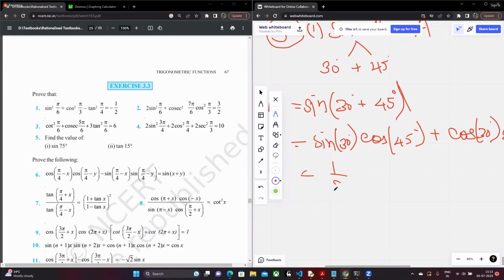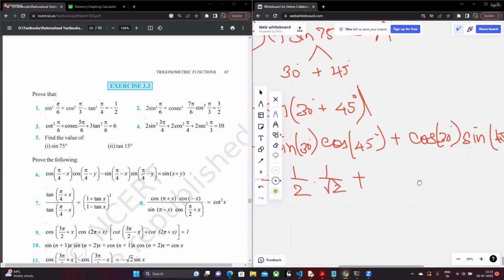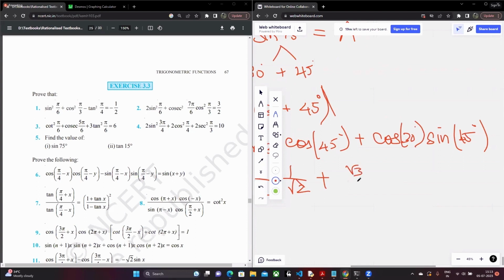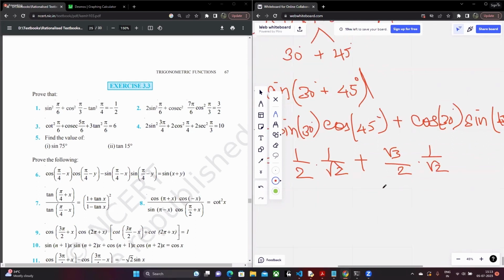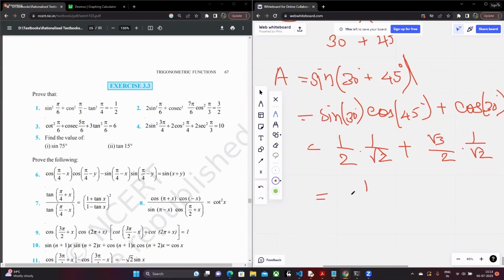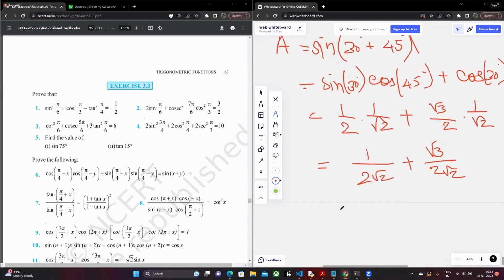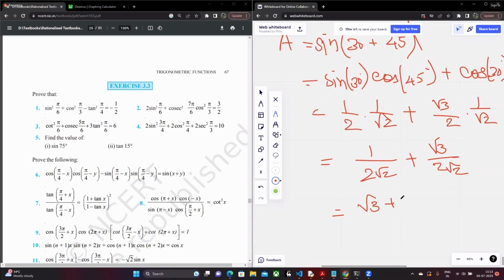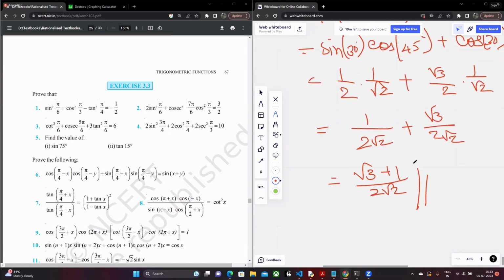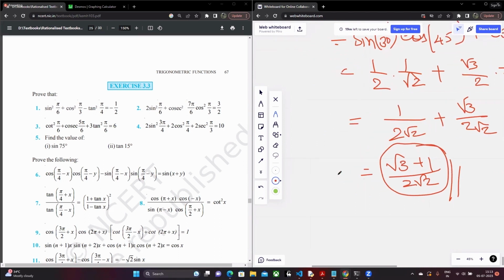Sine 30 degrees is half, cos 45 degrees is 1 by root 2, plus cos 30 degrees is root 3 by 2, and sine 45 degrees is 1 by root 2, right? So this is basically 1 by 2 root 2 plus root 3 by 2 root 2, which is basically root 3 plus 1 divided by 2 root 2, right? So this is the value of sine of 75 degrees.